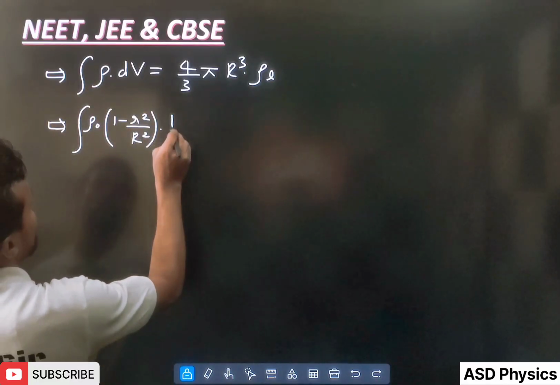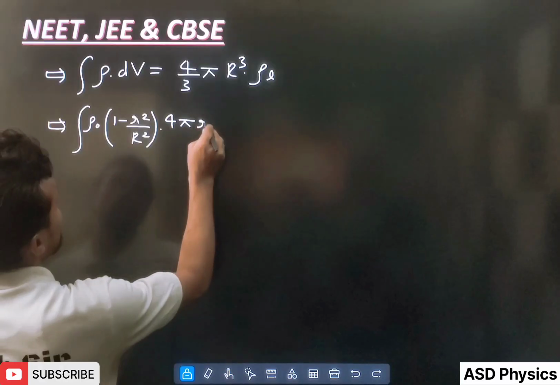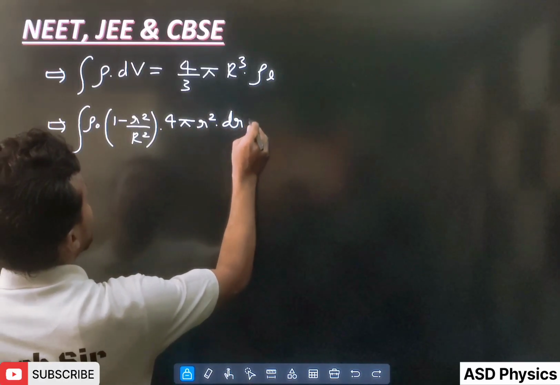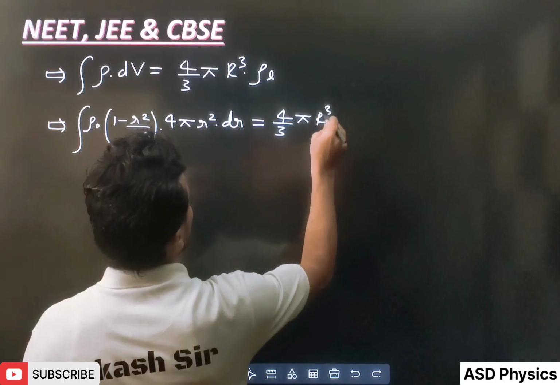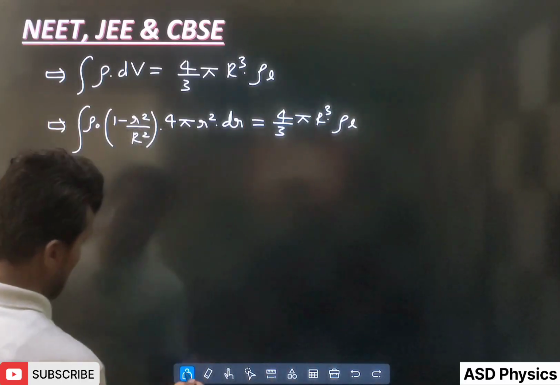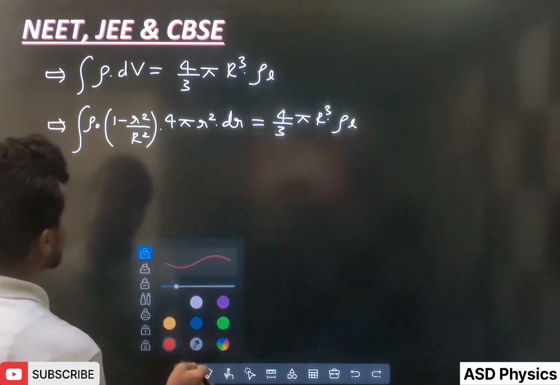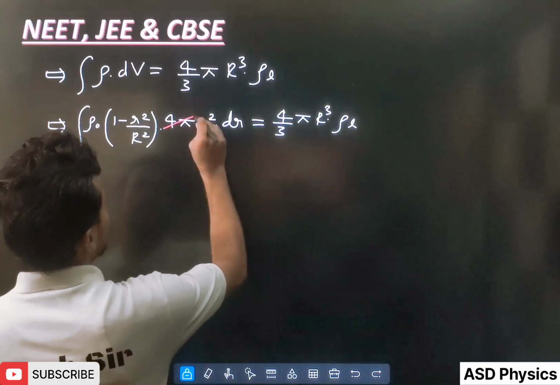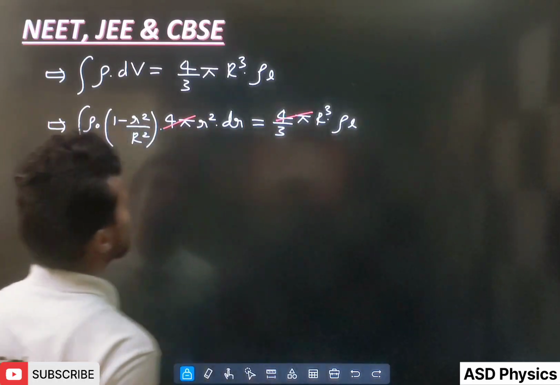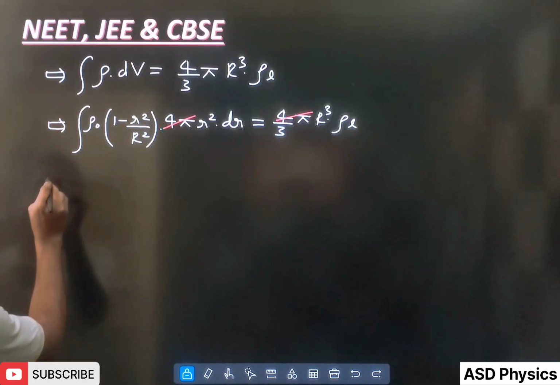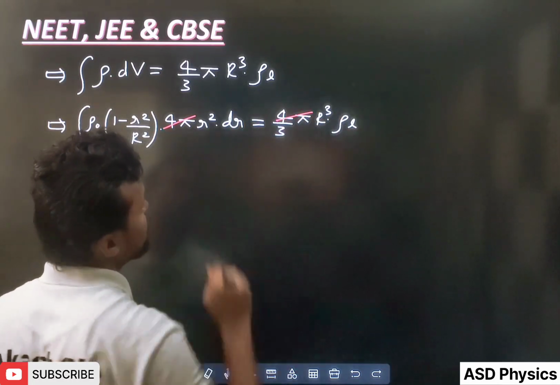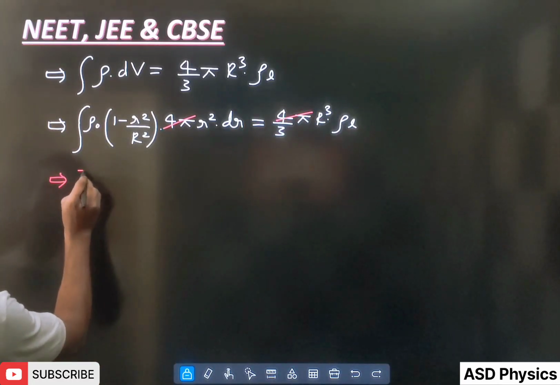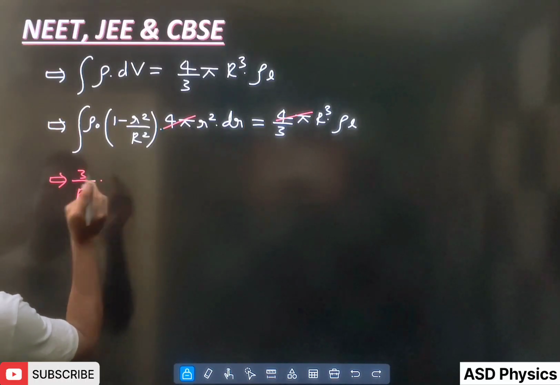That's why the very small volume, you know, is 4 pi r square dr, and here we can write 4 by 3 pi r cube into rho L. Now let's see what can be cancelled out. This 4 pi and this 4 pi cancel. What is left is r cube, and by 3 I will take this side, so this becomes 3 by r cube.